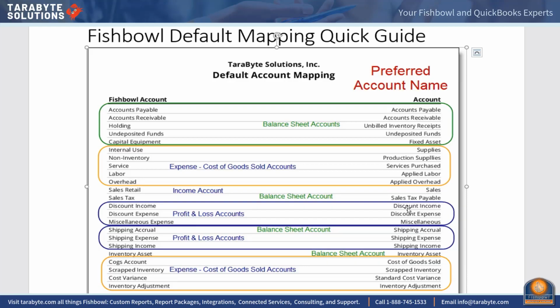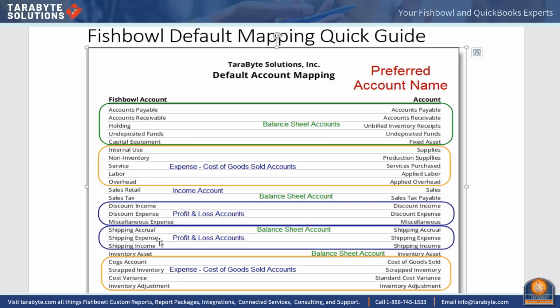And discount income is when I get a return where they originally had a discount and I'm reversing that discount. So unless you have radical returns, I would suggest that both of these accounts be a contra P&L account. Okay. Miscellaneous expense. I try really hard not to see anything hit there.